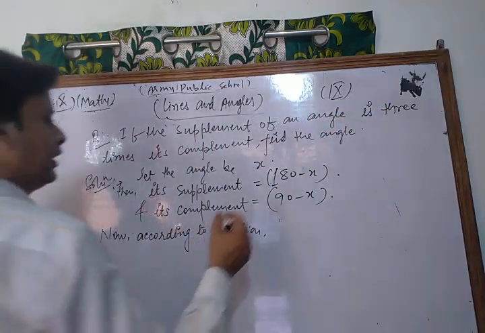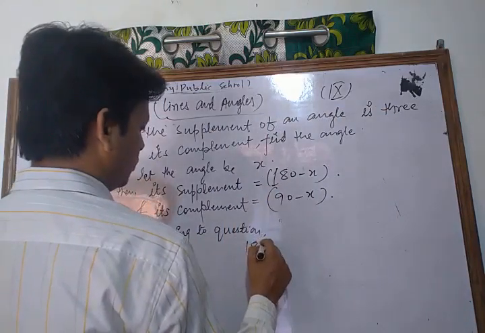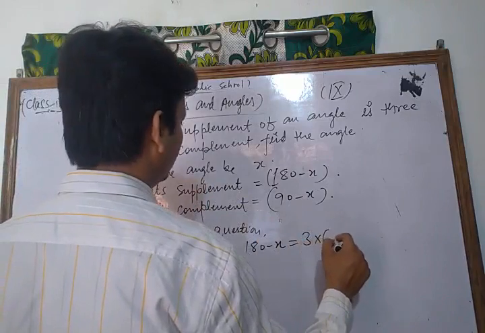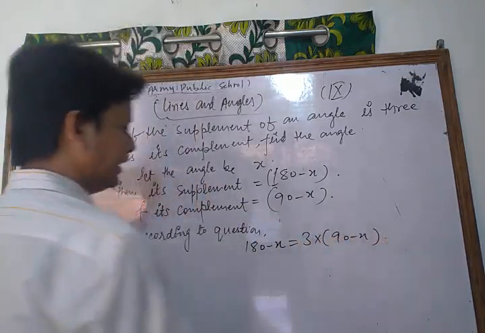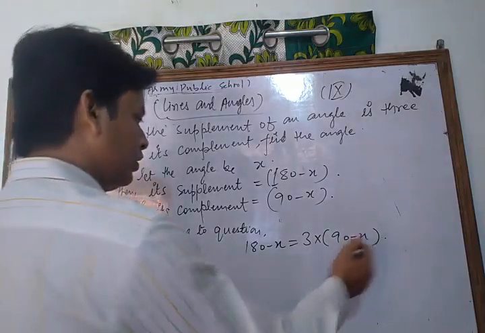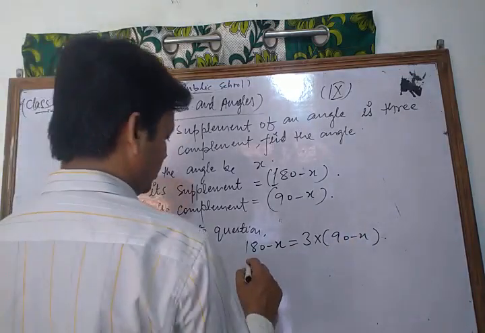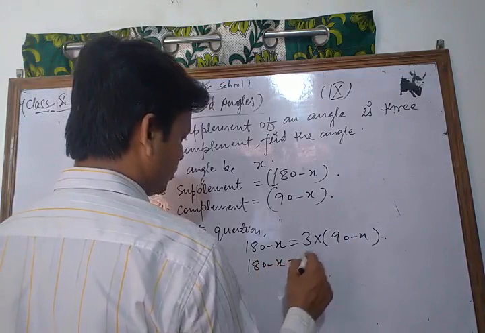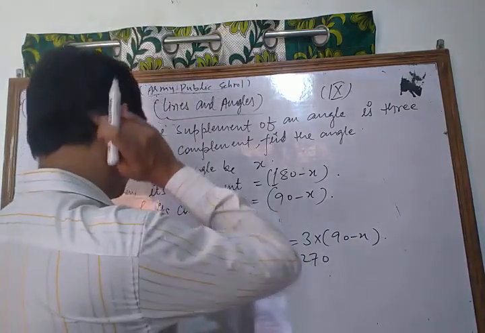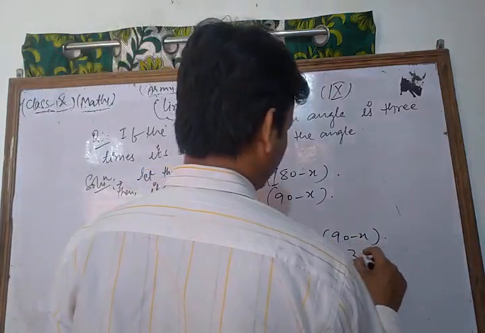So 180 minus x is equal to 3 times its complement, that is 3 into 90 minus x. Now we simplify them. So 180 minus x is equal to 270 minus 3x.